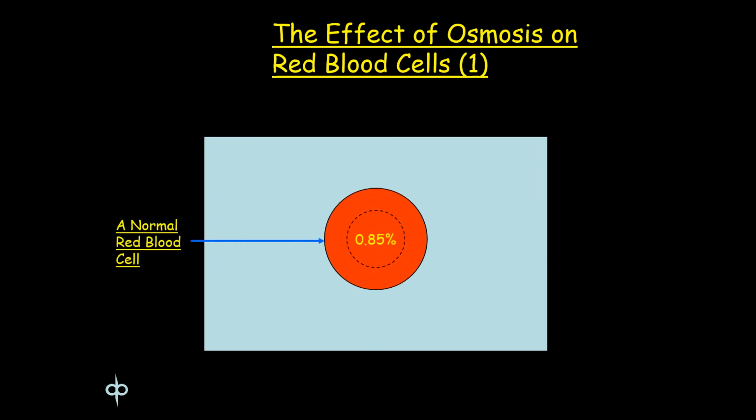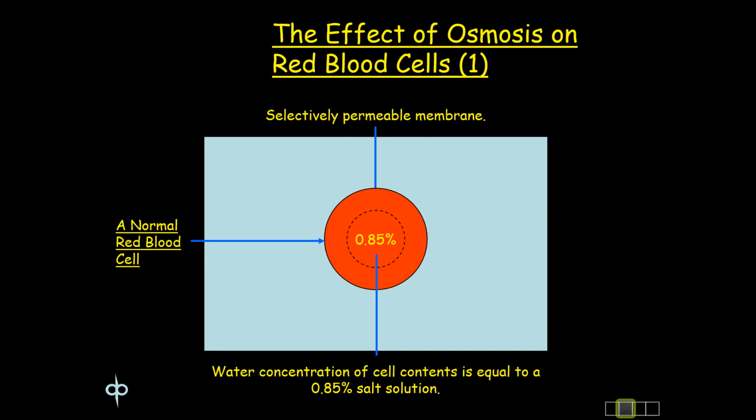So if we have a normal red blood cell with a 0.85% water concentration, and we put it into a solution that is 0.85% water concentration, then obviously the water concentration outside of the cell is equal to the water concentration inside of the cell.